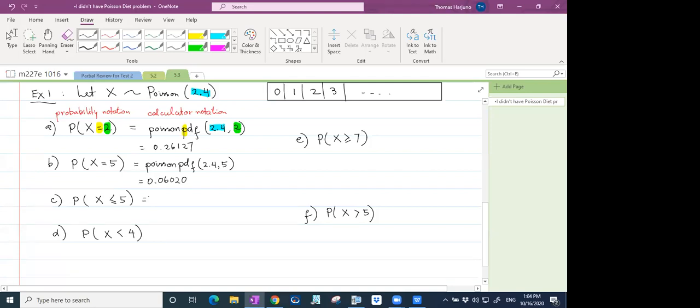Part C, probability that the number of incidents is at most 5. That will be Poisson CDF, right, because it's at most. Therefore, we use cumulative. 2.4, 5.